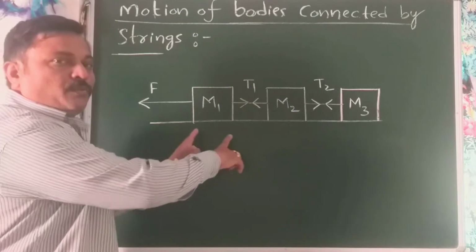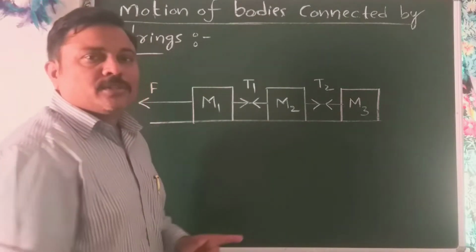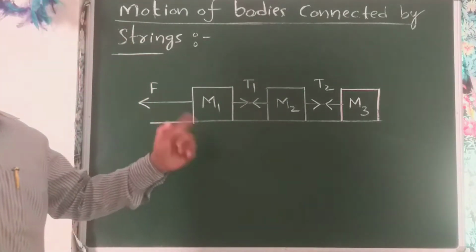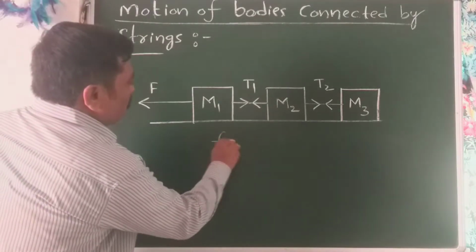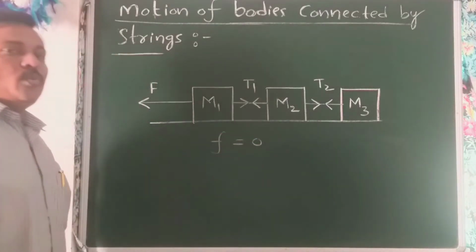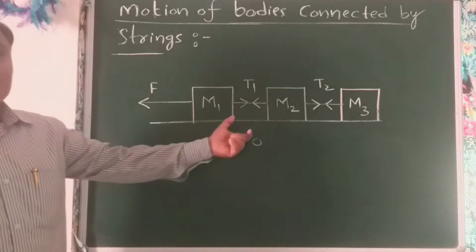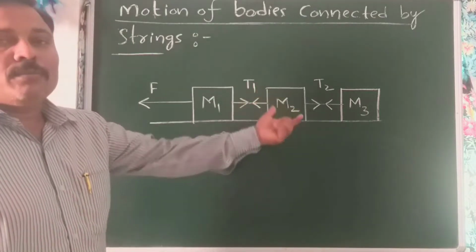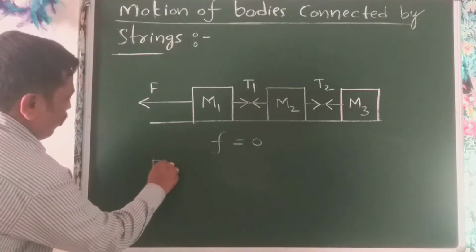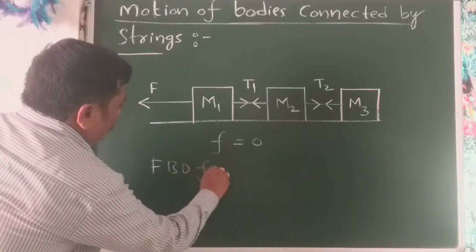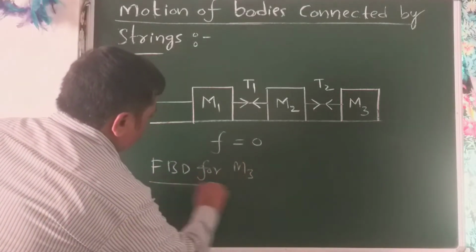There is no frictional force between the bottom surface of the masses and the smooth horizontal surface. Here the frictional force f is equal to 0. First we write the free body diagram for mass M3.